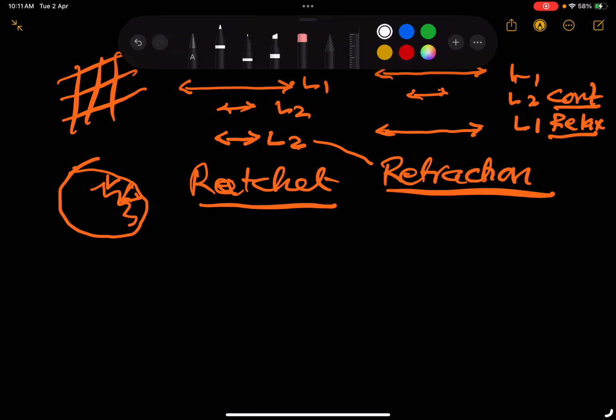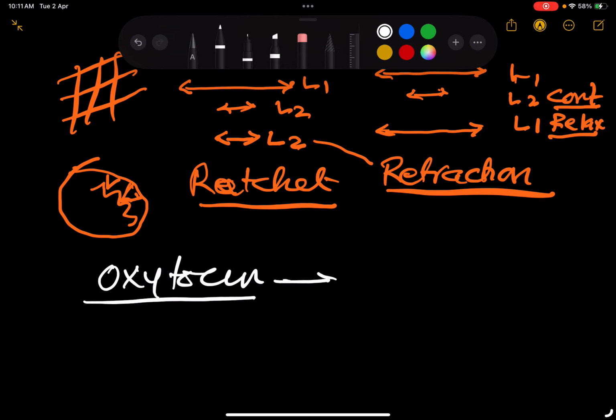There's a hormone, oxytocin, secreted from the pituitary, and that starts the uterus going into this mechanism of contraction, relaxation, but retraction.